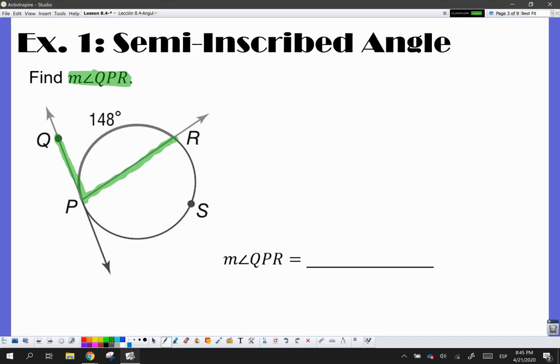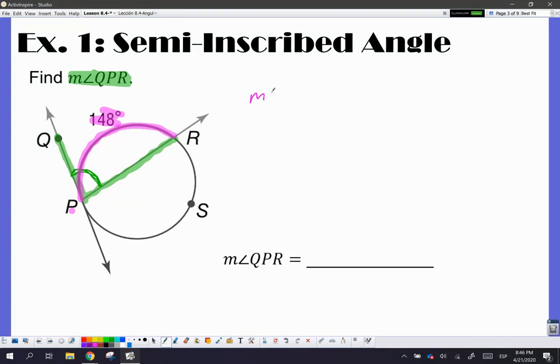So I'm going to be looking for this measure right here. Now I can also see that this angle does intercept an arc. And that arc, I'm going to outline it in pink. And that arc happens to be PR. I'm also given a measure for this arc, which is 148.